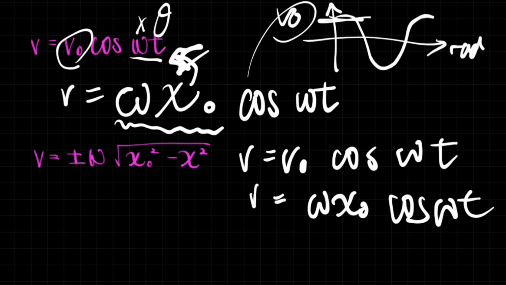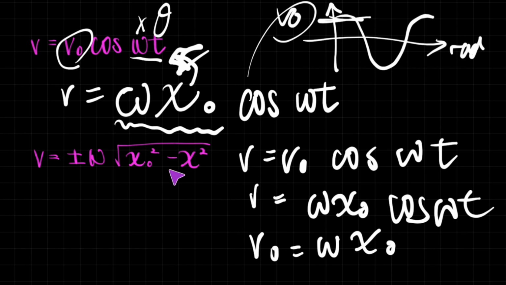So that means that t has to be 0, because at x equals 0, t equals 0 if you say that the starting position of the object is at the equilibrium position. So cosine 0 equals 1, which means that v0 equals omega x0, because this becomes 1. So you can prove it in two ways.